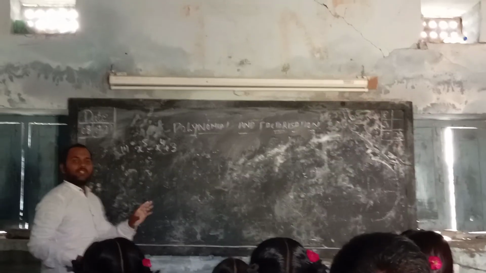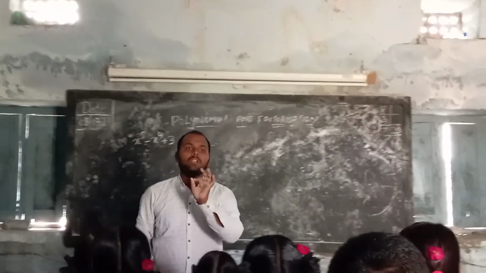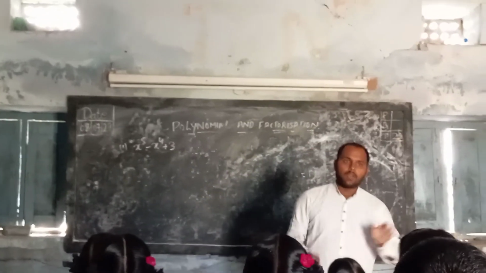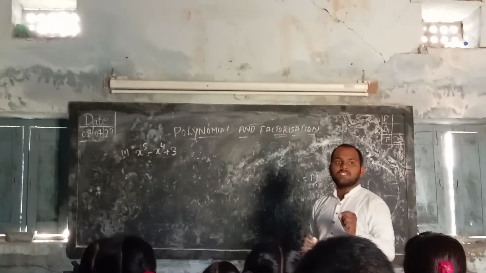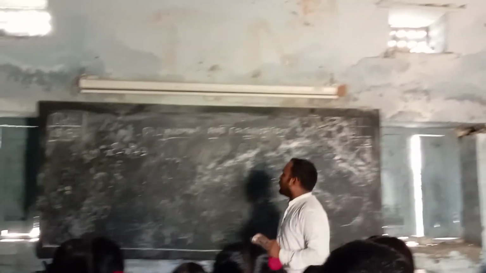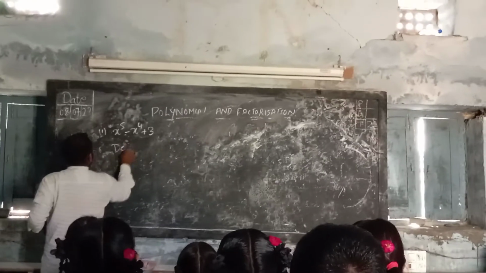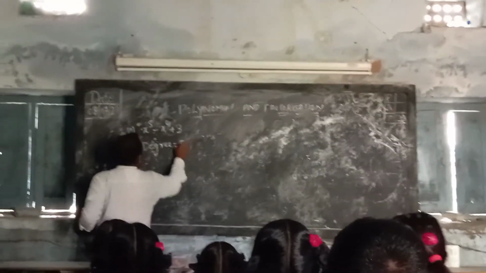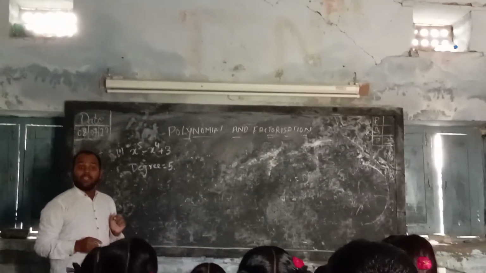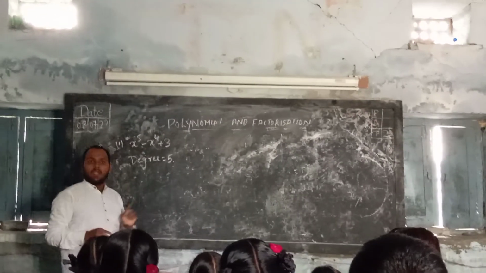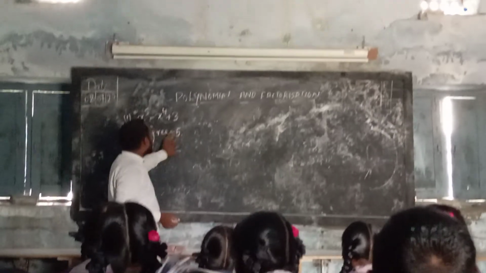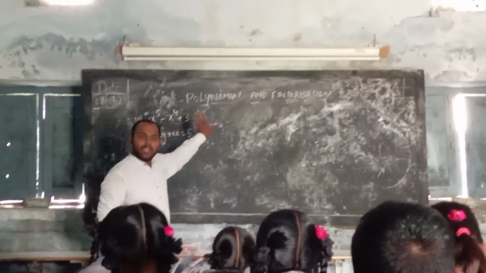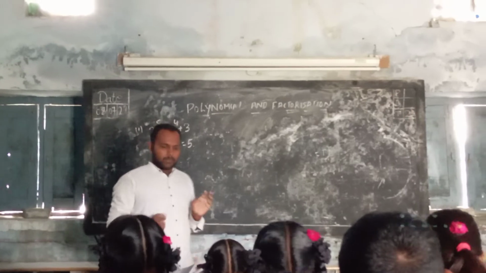Now he said we should find out the degree. He did not say what the variable is here, but we know we have a single variable x. So what is the degree of this polynomial? 5. Why are you taking 5? Highest power. In this expression the highest power is 5. That will become the degree of that expression. So the answer is 5.